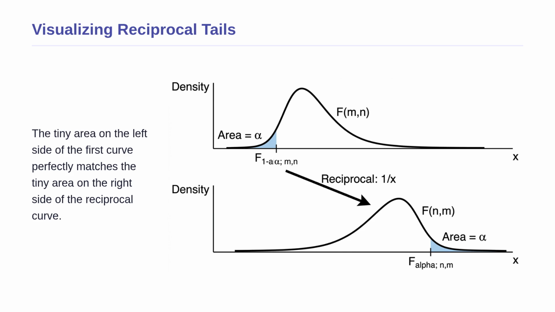The large arrow shows the reciprocal mapping. The tiny area on the left side of the first curve perfectly matches the tiny area on the right side of the second curve, as long as you take the reciprocal of the number on the horizontal axis. This diagram beautifully illustrates how flipping the fraction shifts our focus from the lower tail to the upper tail.